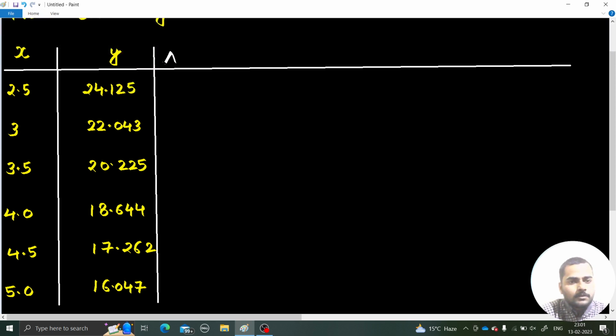So first difference, as we used to calculate earlier, in a similar way. I will have to use a calculator because the values are in decimal.